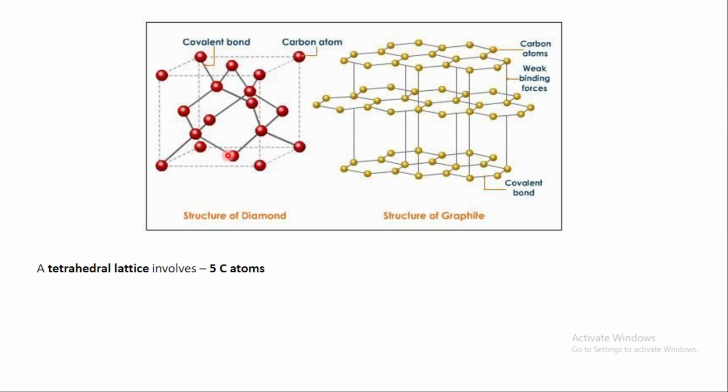So if you can see in this structure, one, two, three, four, 5 atoms. So here we have this tetrahedron structure. Three-faced pyramid. One face will be this, and the other face will be this, and this. So tetrahedral lattice involves 5 atoms. Hexagonal lattice involves six carbon atoms, because in a hexagon, we have 6 carbon atoms. Students, is it clear?